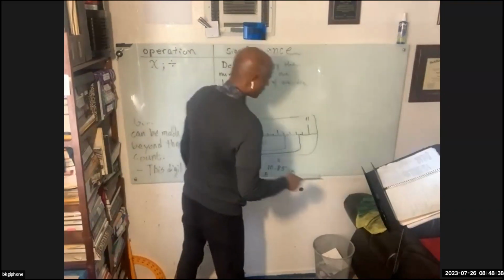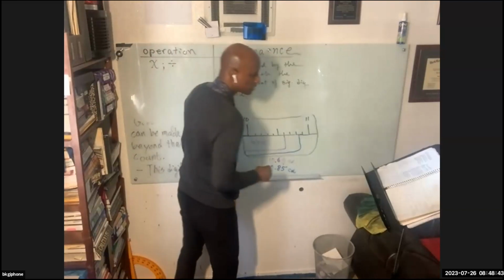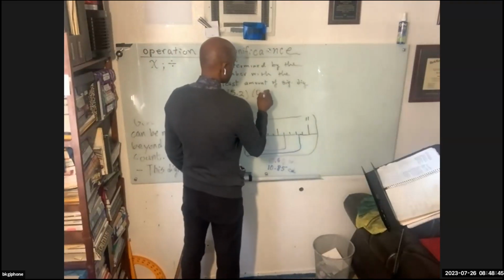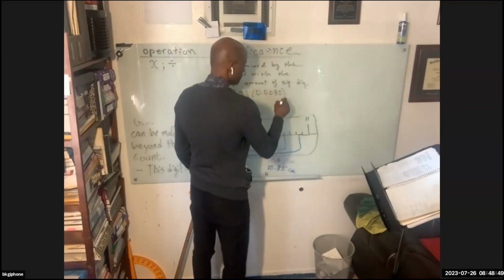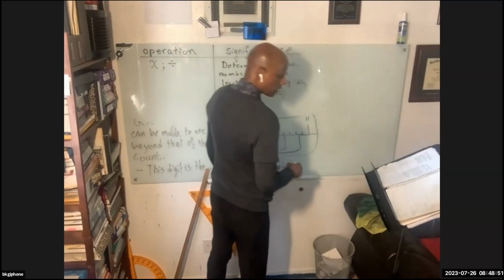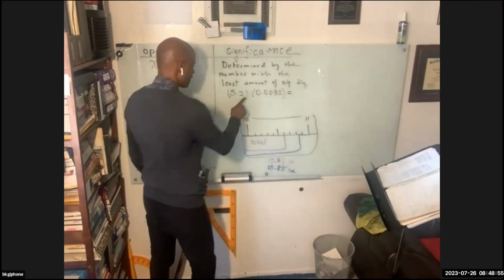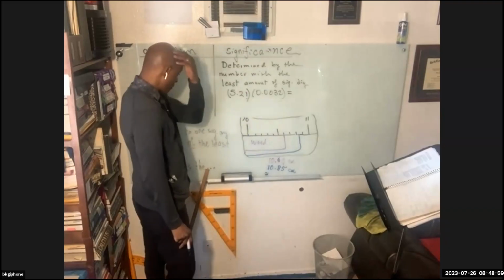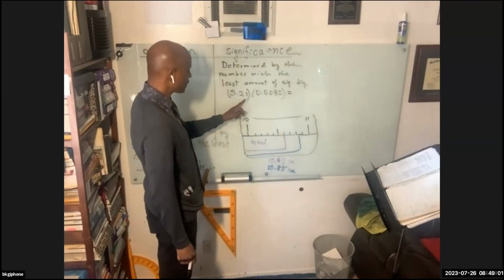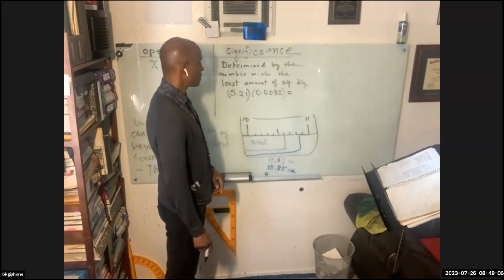So, for example, if I'm multiplying the numbers 5.21 times 0.032, based on the rules we just determined, 5.21 has 3 significant digits. 0.032 has 2 significant digits, right?